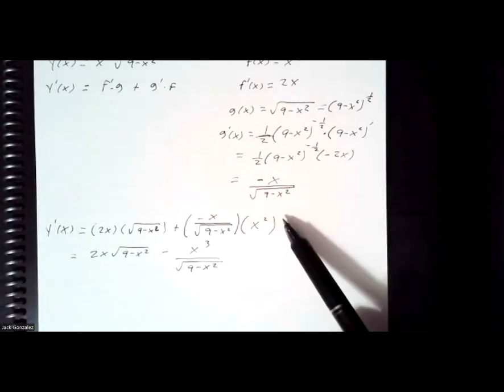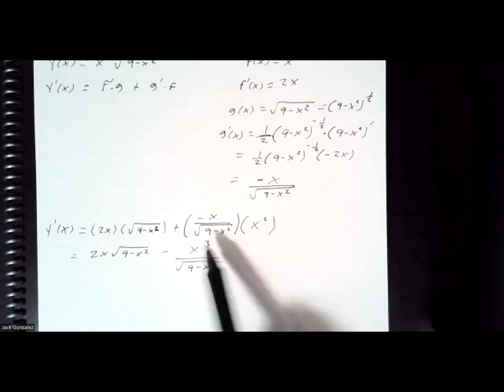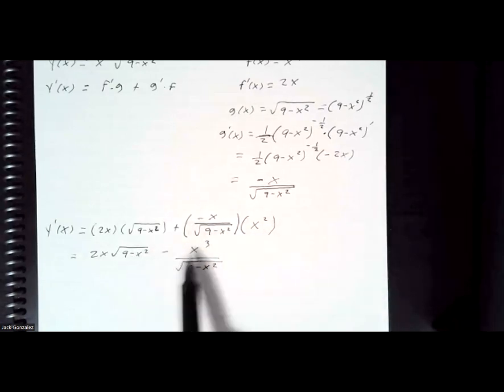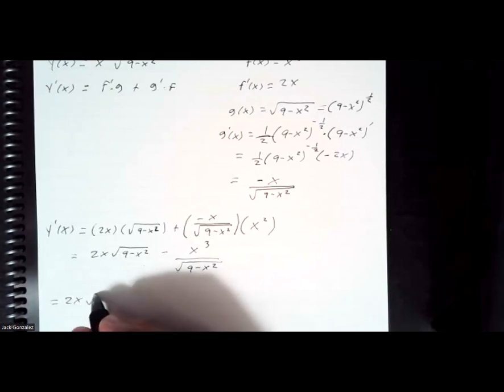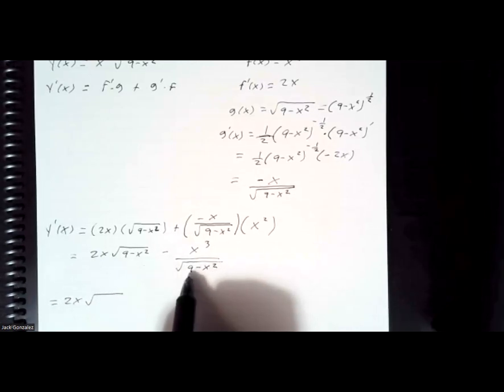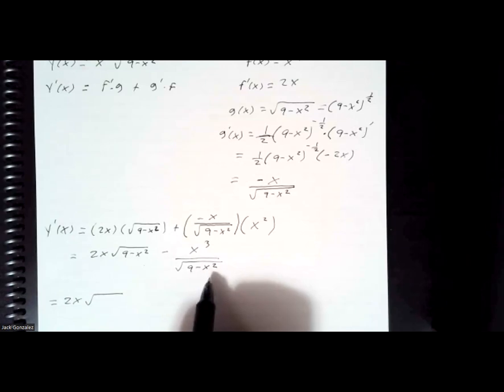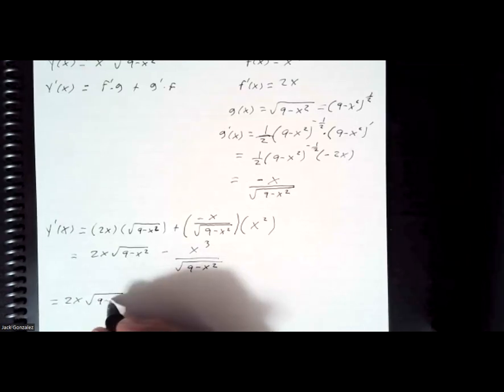I mean, the calculus step ended here, but now we got to add these fractions. So LCD is this. So introduce it here. Multiply both numerator and denominator by 2x by square root 9 minus x squared. Okay.